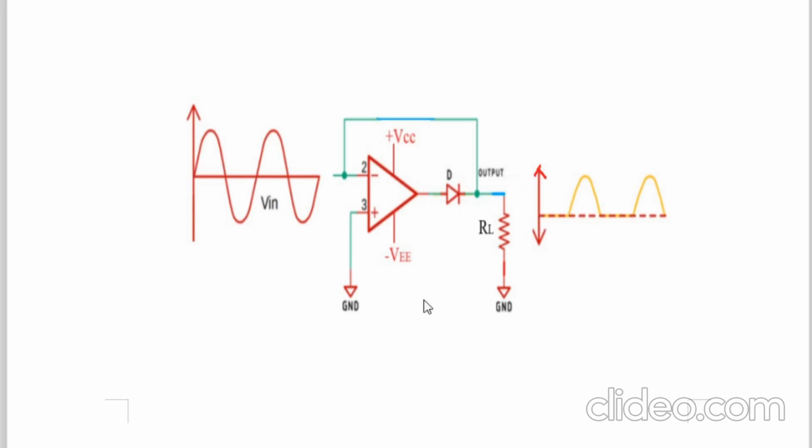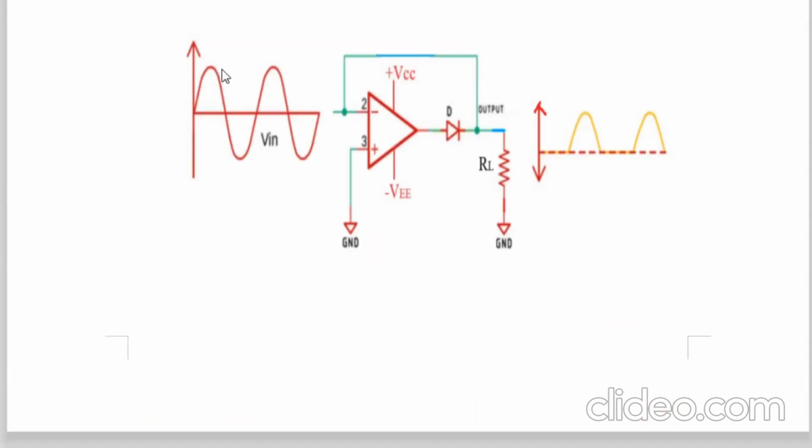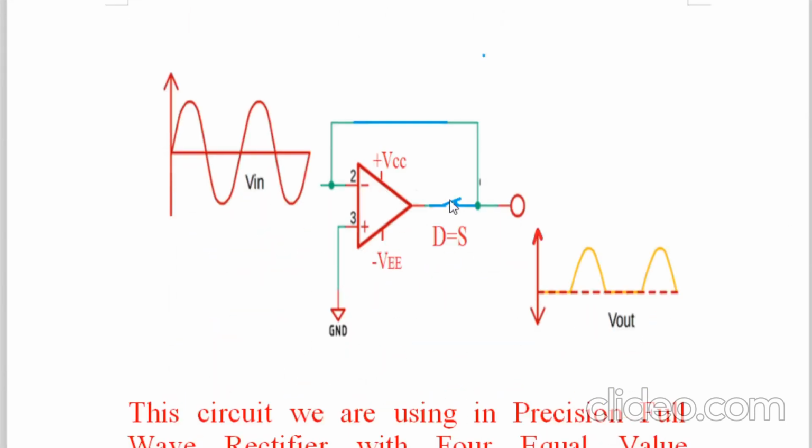And in this way, the diagram is also very simple. During the negative half cycle, when the output of the op-amp is forced into HVL, the diode behaves as a closed switch. So this is shown over here. The diode is behaving as a closed switch, and the entire negative half cycle will come to the output but as a positive half cycle, because again I am telling you, the op-amp is used in inverting configuration.